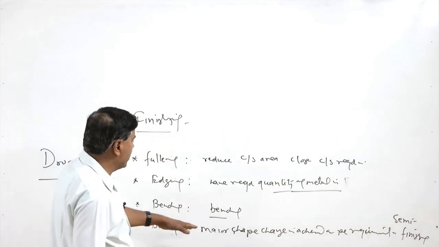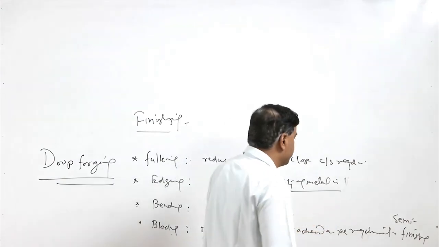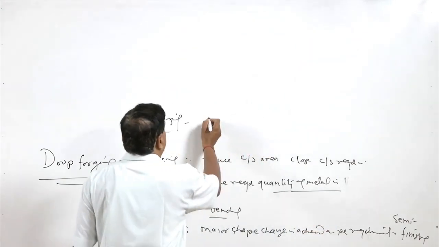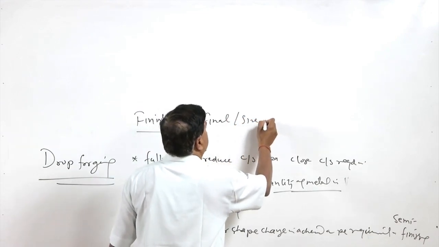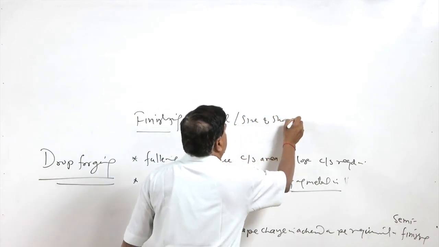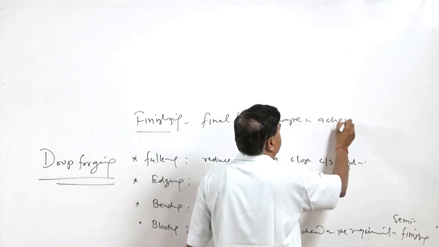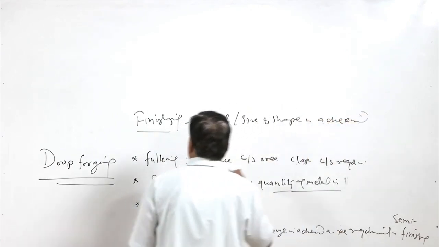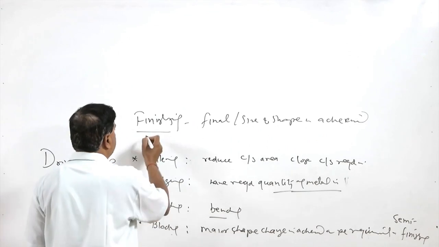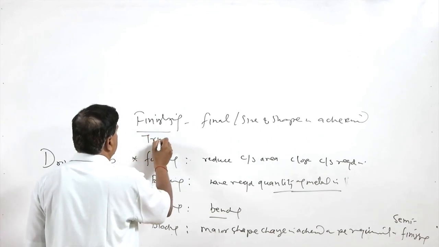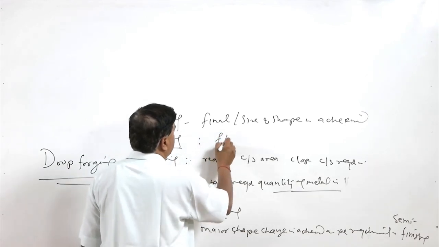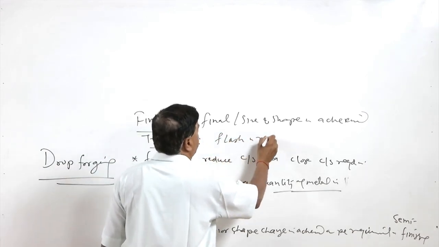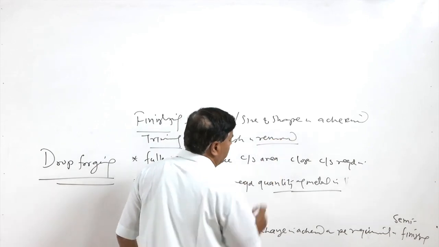After the blocking, when the major change in the shape is achieved, the final size and shape is achieved in the finishing stage, and then the last one is the trimming. If there is any extra material left at the flash, the flash is removed in the trimming step.